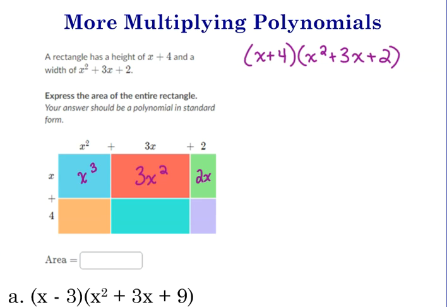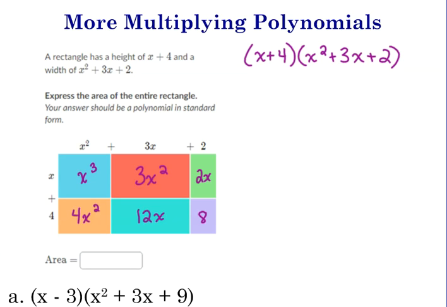For the bottom row, 4 times x squared is 4x squared. 4 times 3x is 12x. And 4 times 2 is 8. So I wrote those expressions in those boxes on purpose because that is the area of that. It looks like a square, but it's really a rectangle.